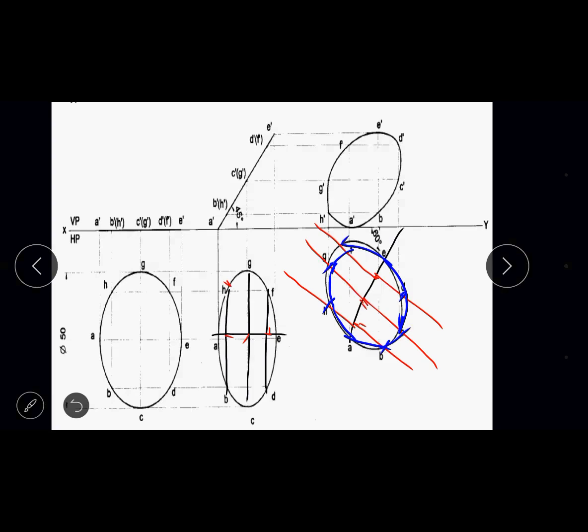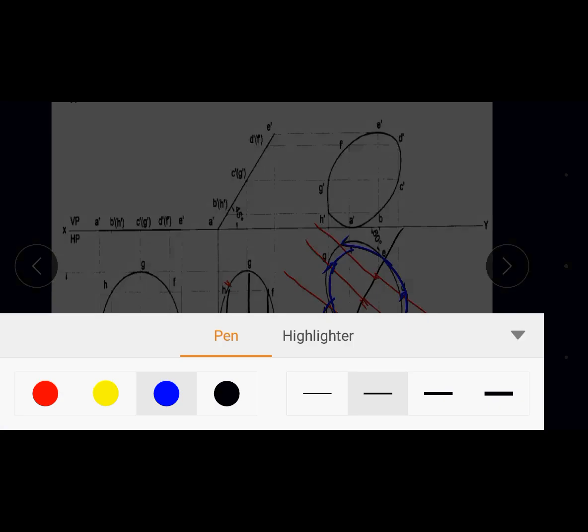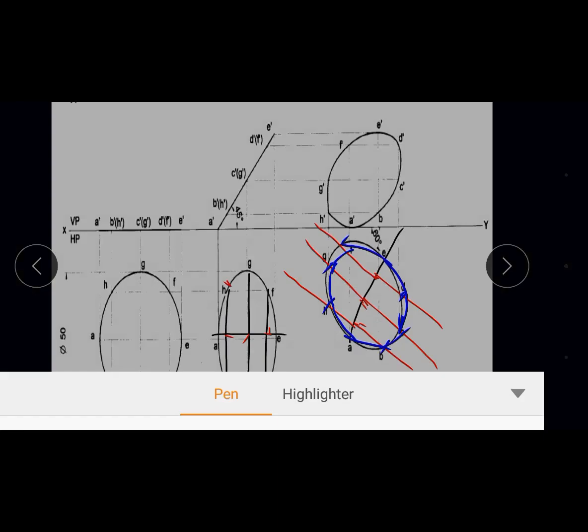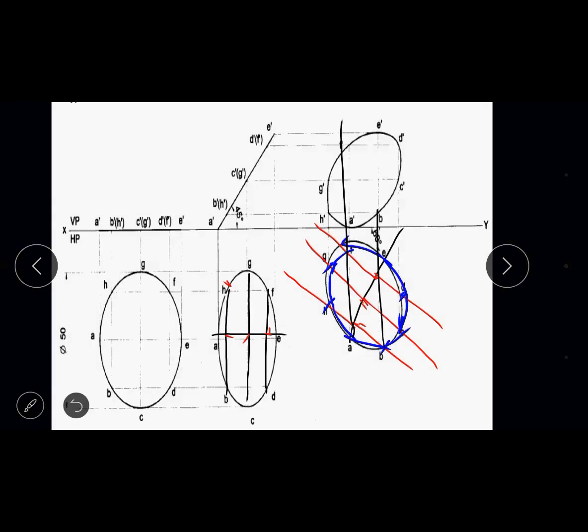Similarly, to get the last front view, you have to draw the projection lines. So draw the projection lines from all the 8 corners, starting with corner A, then corner B, then corner C, and then D, E, F, you can see all this. Just draw all those projection lines from the top view and from the front view.